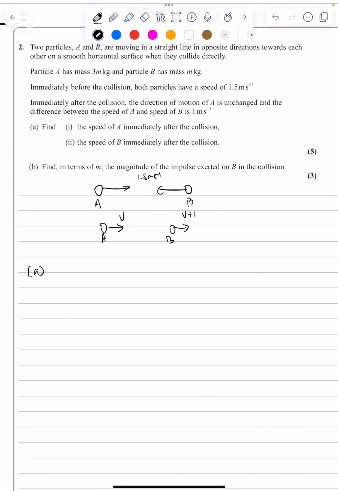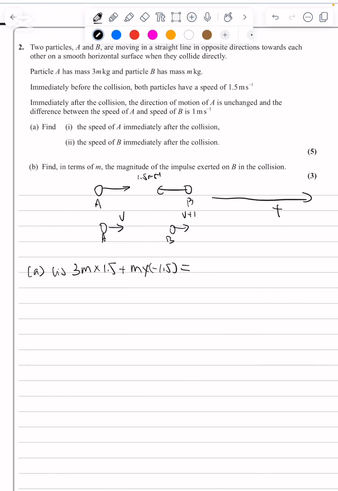Part A, the speed of A immediately after the collision. So 3m times 1.5 plus m times negative 1.5, because this is moving in the opposite direction. Alright, I forgot, we have to denote this as the positive direction, equals the momentum after.